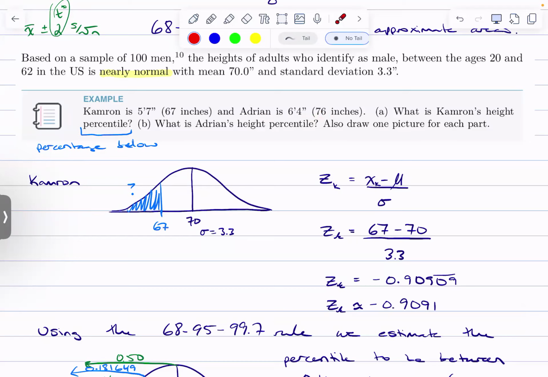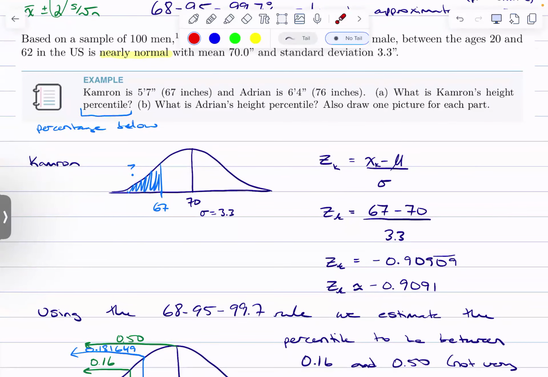Well, it's above the mean, and so already I'm expecting my percentile to be more than 50%. Once I cross the mean, it's more than 50%. It's good to check in. Same with the 67, we expect it to be less than 50% because it's on the lower side of the mean.